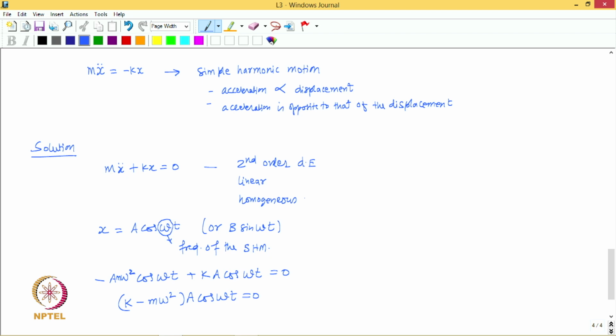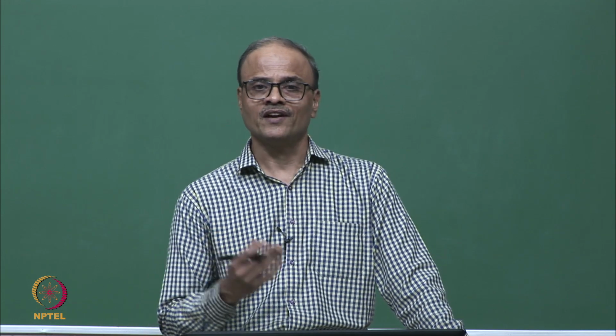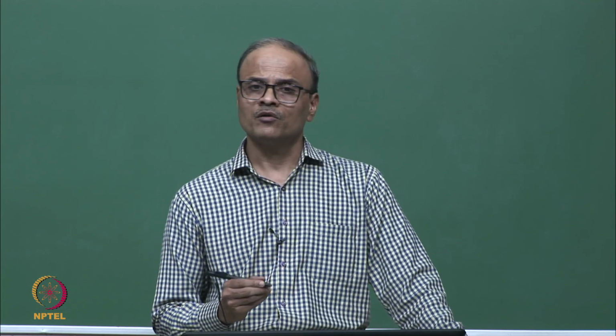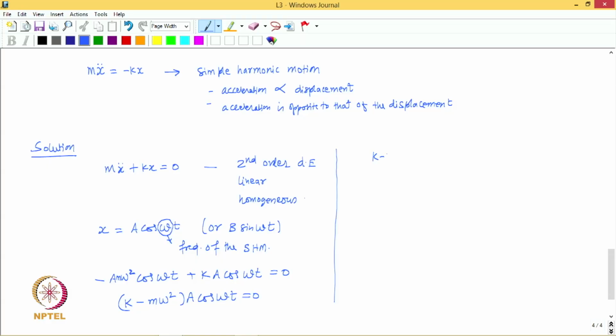In this case, a cos omega t obviously cannot be 0, because if that is 0, the displacement x becomes 0, and then it would not represent the vibratory motion of the system, which actually is the reality. Hence a cos omega t cannot be 0. The only way this equation can be satisfied is when k minus m omega square is equal to 0, which means omega square is equal to k by m, or omega is equal to square root of k by m.